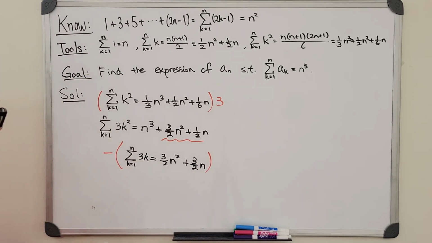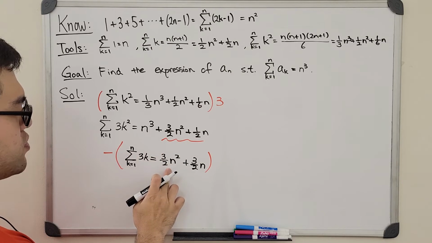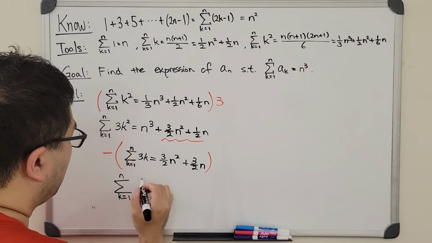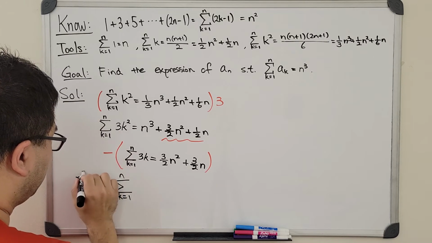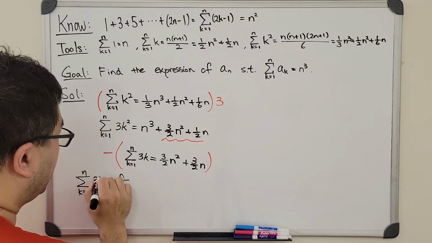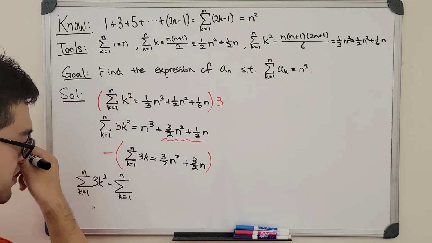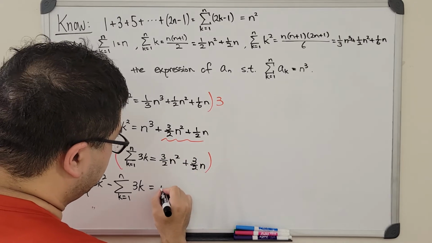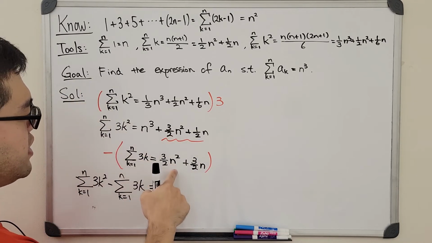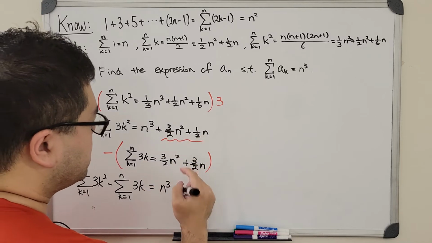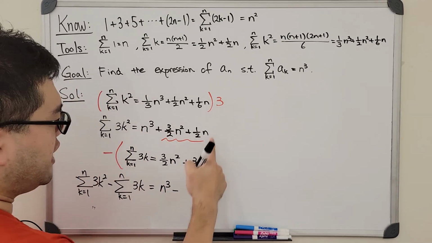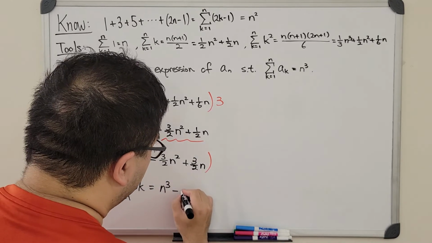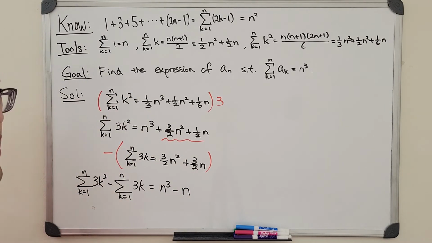Once we subtract it, we'll be able to cancel out the n squared term to end up with the sum of k squared minus the sum of 3k, which is going to equal n cubed, and then the n squared term has cancelled out, so we only end up with the n term left. So we have 1/2 of n minus 3/2 of n. So we end up with negative n, or minus n.